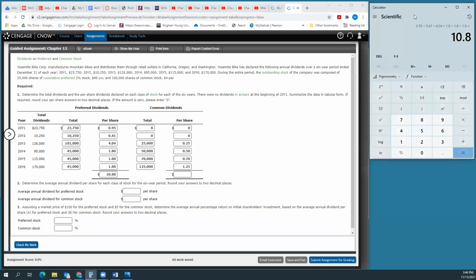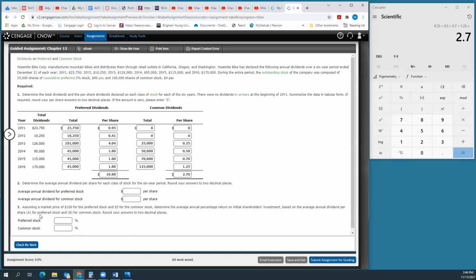The common is 25 cents plus 50 cents plus 70 cents plus $1.25. So over that 6 years, the common shareholders got $2.70 in dividends.